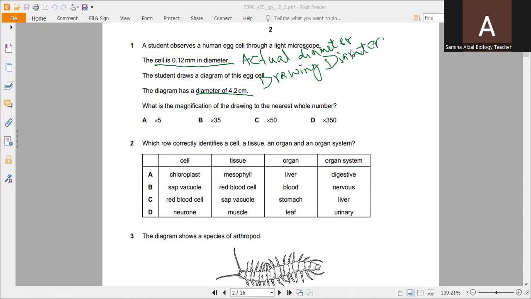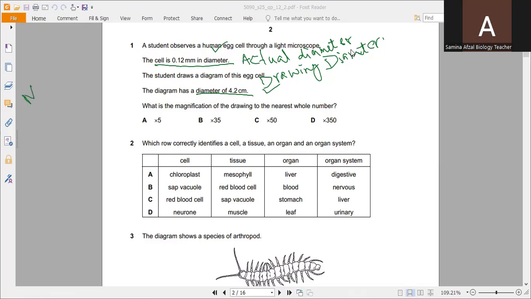which is 4.2 centimeter. So this value is in millimeter and this value is in centimeter. So we have to change this centimeter value into millimeter, because we will calculate this in millimeter. So what is the magnification of the drawing to the nearest whole number? First of all, I am going to write the formula for magnification.